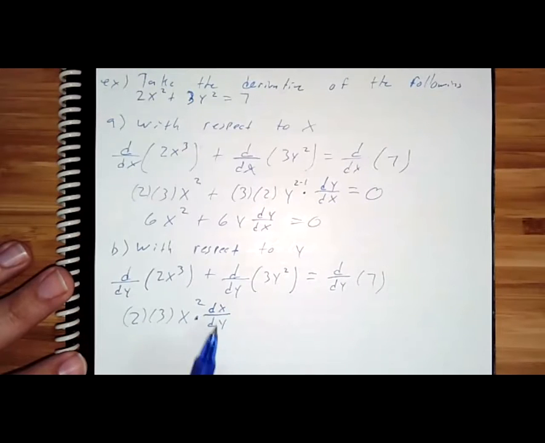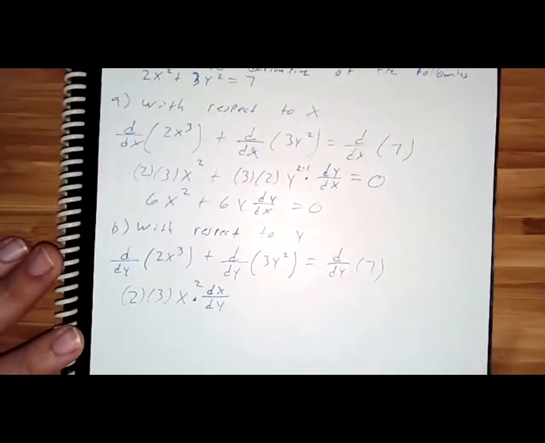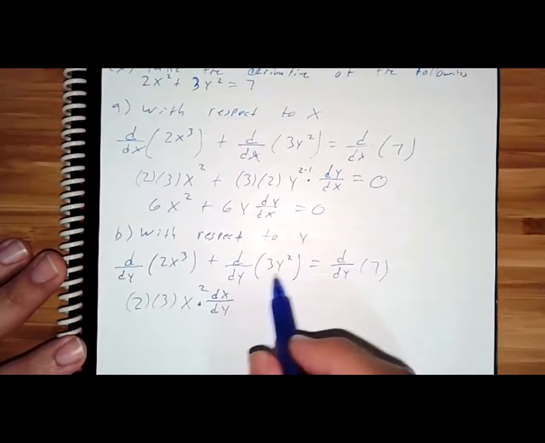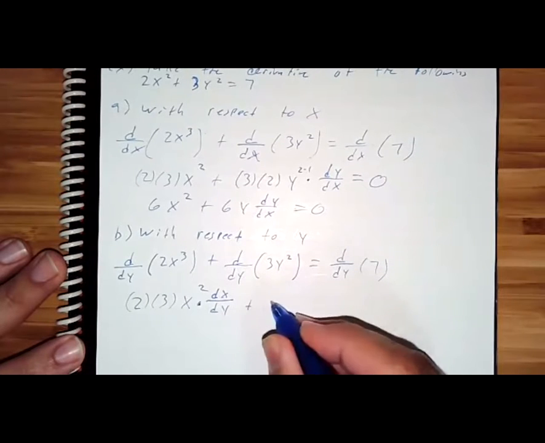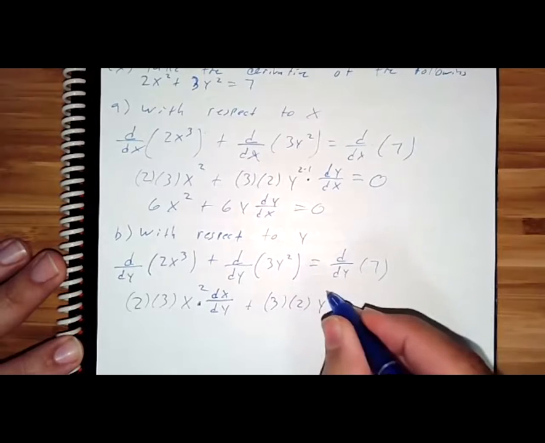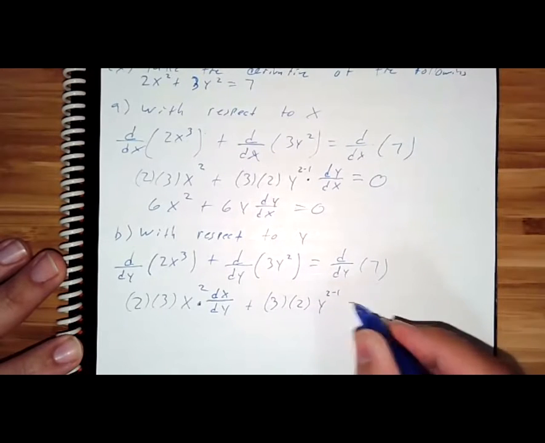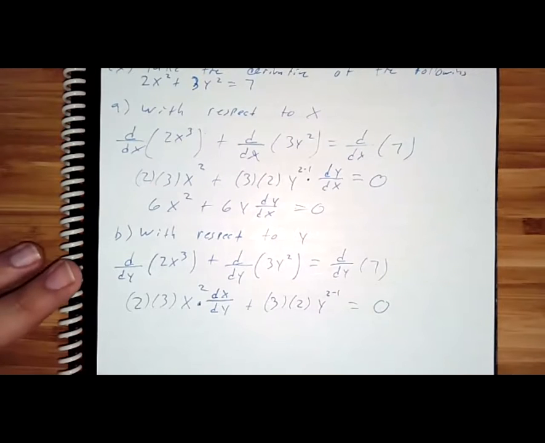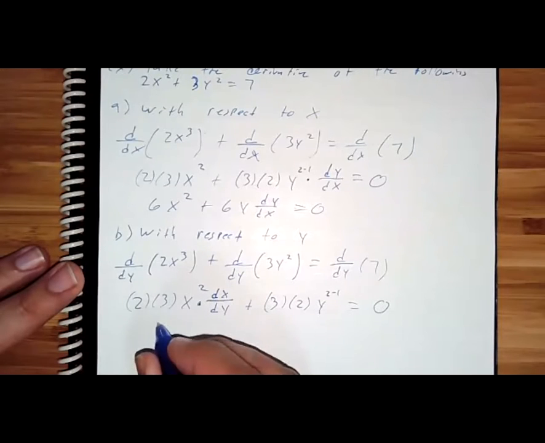It just changes a little bit based on the variable you're doing. Does that make sense? Now that these match, you're gonna just get the basic rule. 3 times 2 times y to the 2 minus 1, right? Constants don't matter. Any derivative will make it 0. Doesn't matter with respect to what variable.